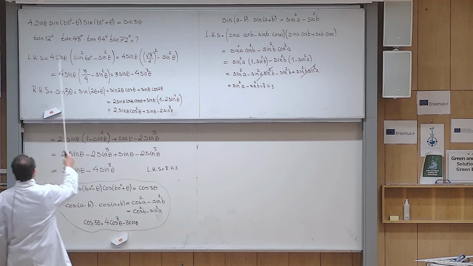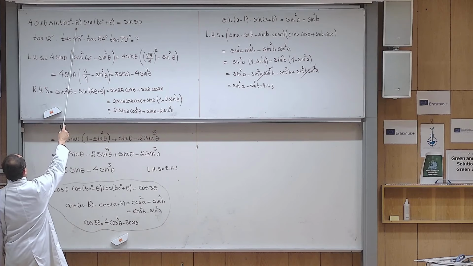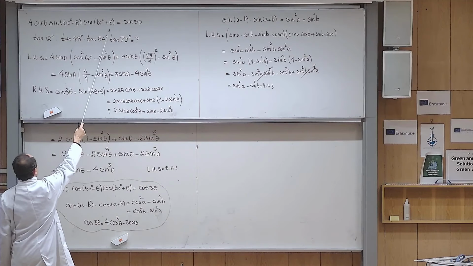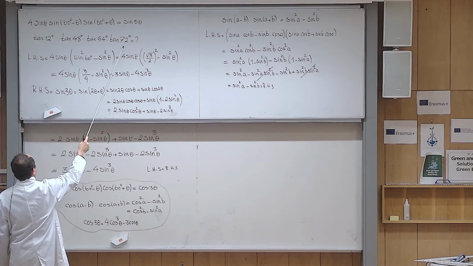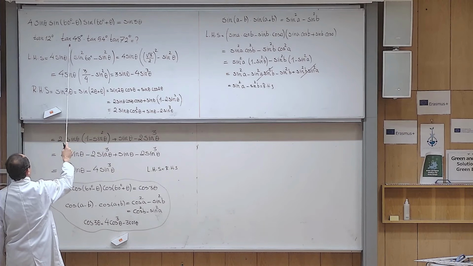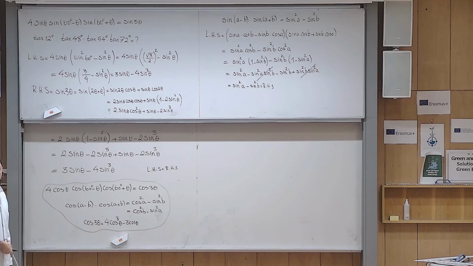So if I give the role of theta to 12, and then 60 minus 12 becomes 48, 60 plus theta becomes 72. So that's good. So if I can find a similar formula for tangent, then of course this multiplied by that, I will immediately be able to say something about it. Yeah, so that's the motive behind it.